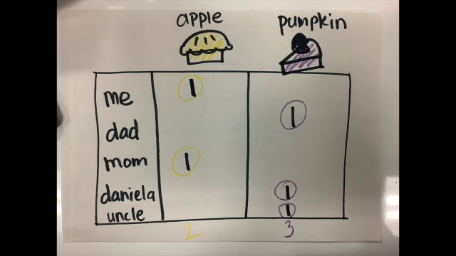I'm going to show you what the information page looks like once you are ready. If you're in class, you keep going with the substitute. If you are not in class, this is what it's going to look like. If you notice, I have the name of the person, a part of the page that has a picture of the apple pie, and a part of the page that has a picture of the pumpkin pie. Next to their name, I put a tally mark, just one line that tells me which one was their favorite.